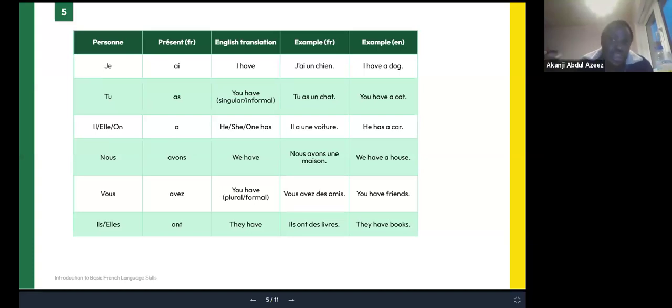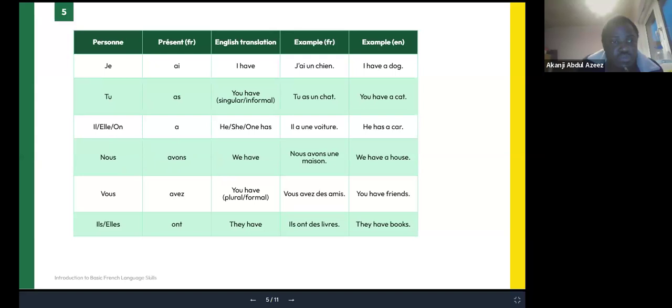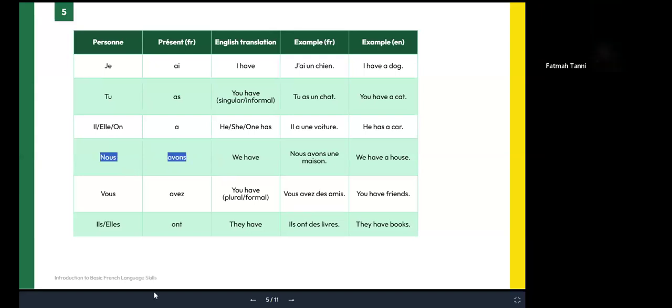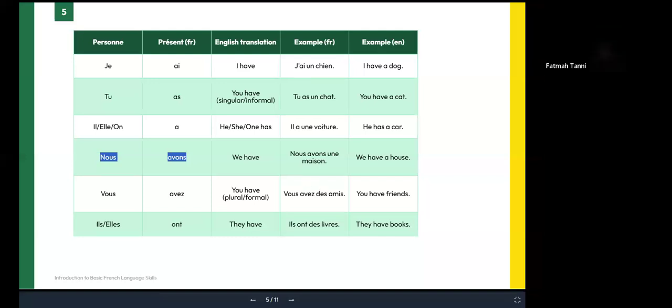But if you want to join it with a vowel, say the first character that comes here is a vowel, avons, yes, a vowel, it brings us to nous avons. Can you pronounce it? Nous avons.